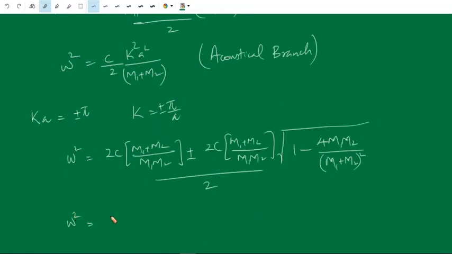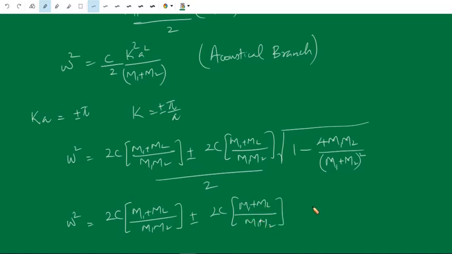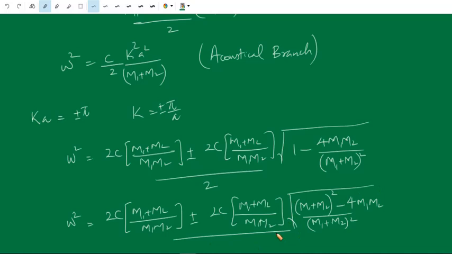Omega square is equal to 2c (m1 + m2) divided by m1m2, plus or minus the root of (m1 + m2) whole square minus 4m1m2, by 2.